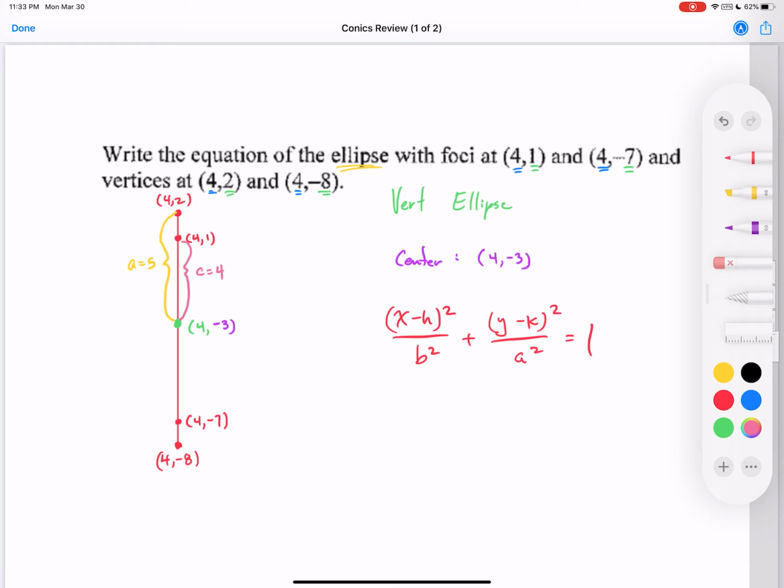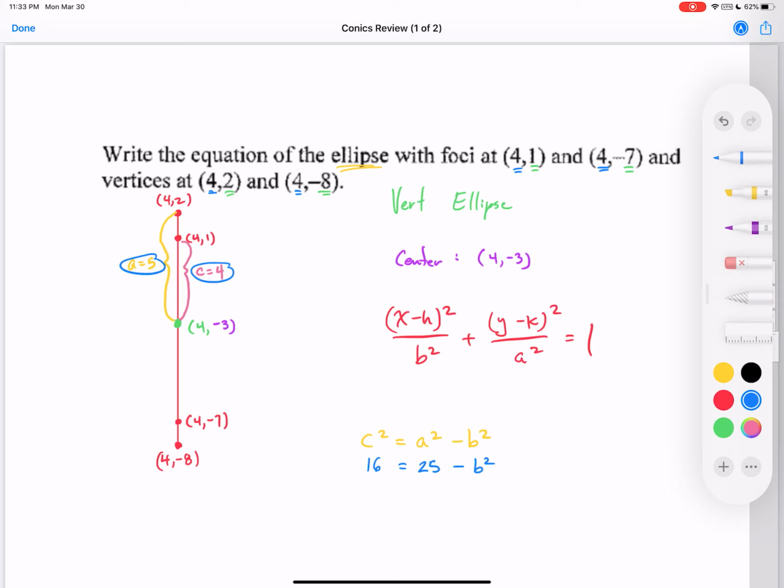I'm going to use our Pythagorean relation, which is c squared equals a squared minus b squared when it comes to an ellipse. We already stated that a is equal to 5, so 5 squared is 25. b is unknown, and c is 4, so 4 squared is 16.